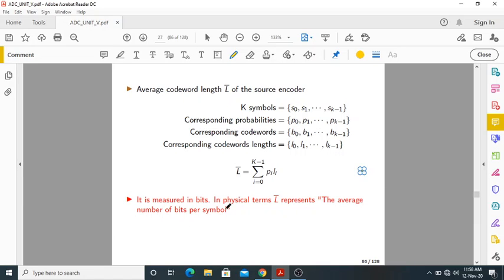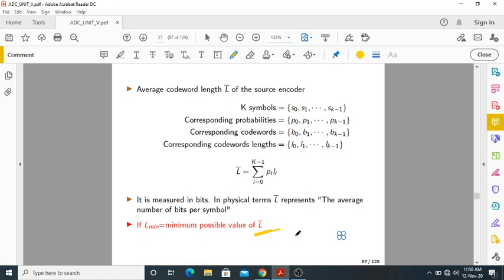Now what does the average code word length represent? The number of bits per symbol, which means how many bits you are transmitting for each symbol. So L minimum is the minimum value of L bar.